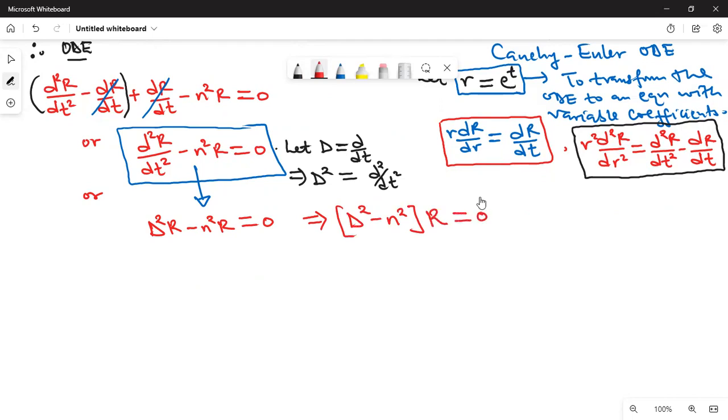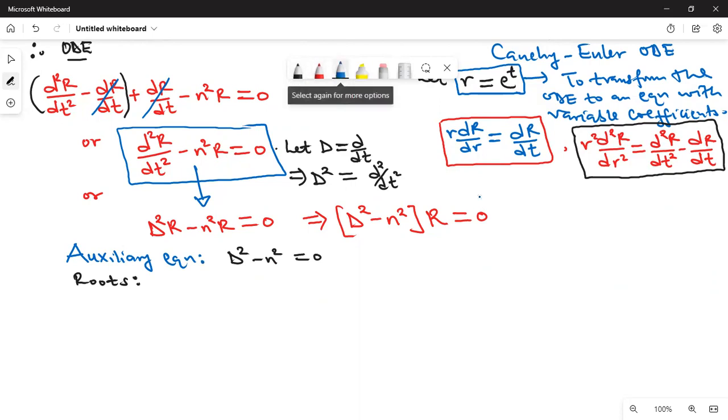Now we can find the auxiliary equation, or the characteristic equation. We write the auxiliary equation. So what is it? It is D squared minus n squared is equal to 0. So what are the roots? The roots of this equation, there will be 2, so make D the subject.